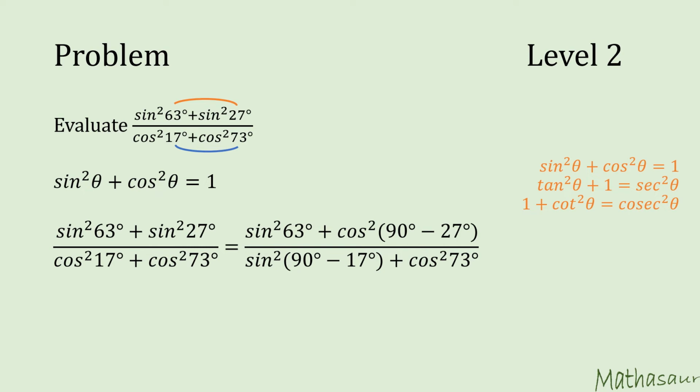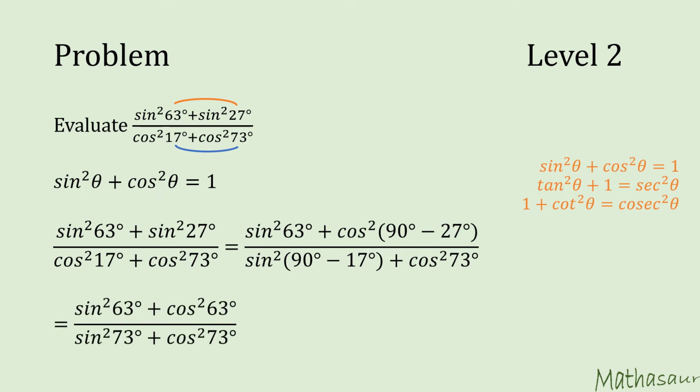Similarly, in the denominator, we can change one of the terms to its complement. Now we get an identity in the numerator as well as in the denominator. So sin square 63 plus cos square 63 would add up to 1. Similarly, sin square 73 plus cos square 73 would add up to 1. So the expression is equal to 1.